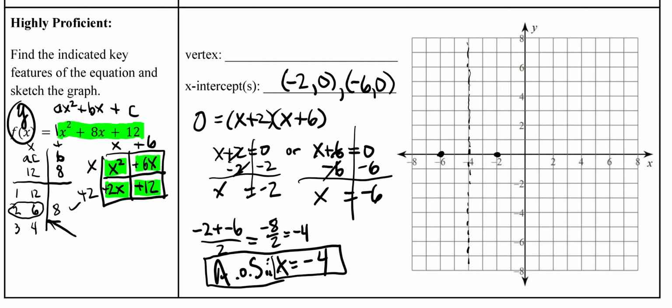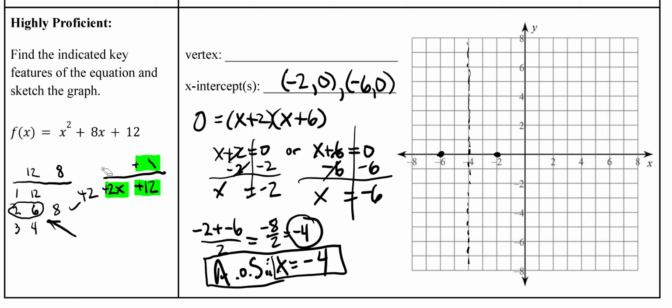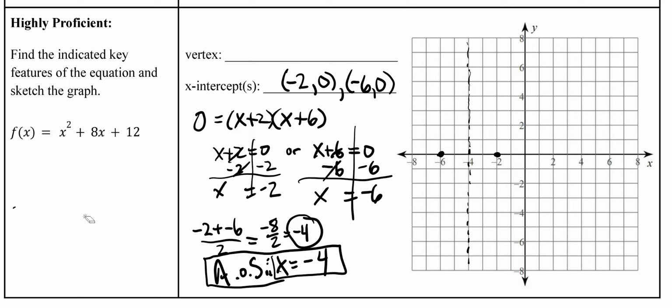Somewhere along the axis of symmetry is going to be my vertex. To find out where, I'm going to plug the value that I found, x equals -4, into my original equation. What is y when x is -4?